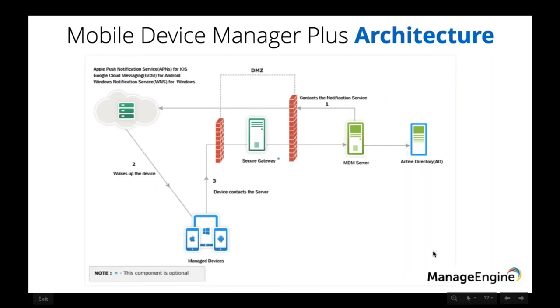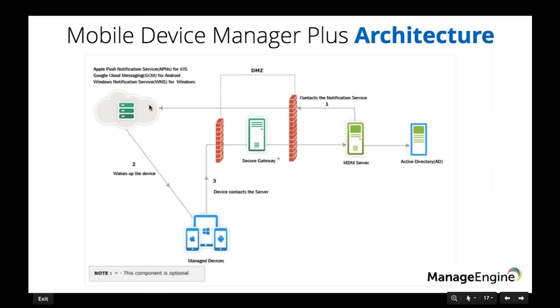Let us understand the Mobile Device Manager Plus architecture. This will provide you with a wholesome idea about how MDM actually works. As you can see here, the architecture consists of three important components, namely the MDM server, the notification services, and the managed devices. As you can see here, the server doesn't directly contact the device.